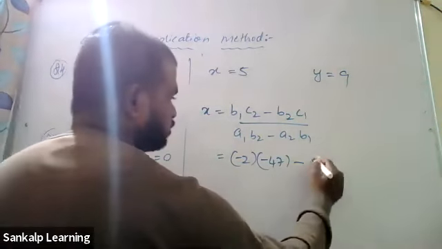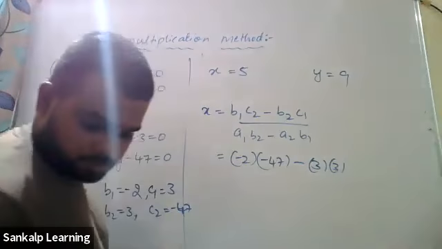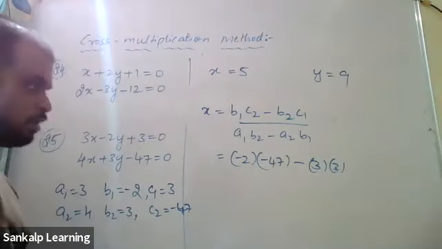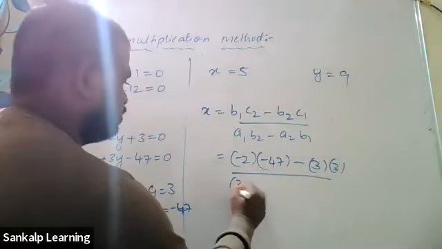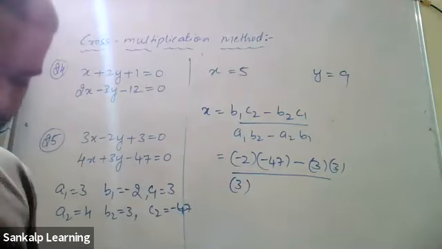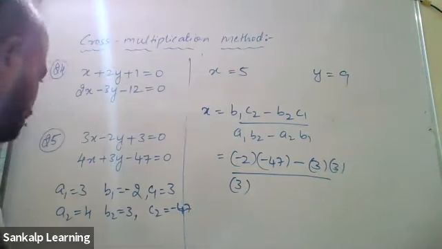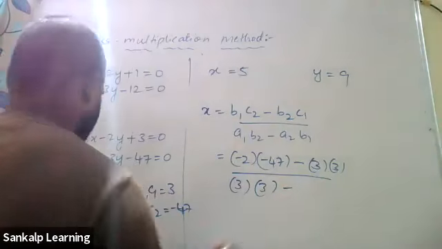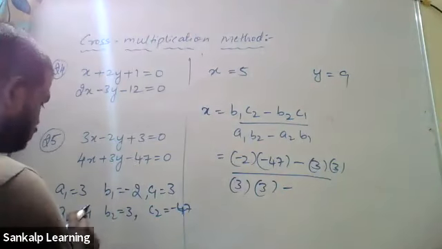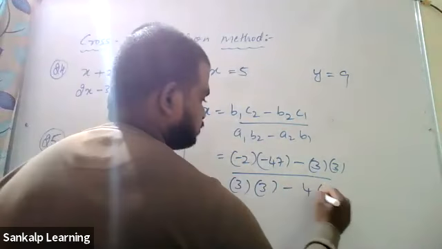C1 is also 3, so 3 into 3. And A1 is 3. B2 is also 3, minus A2 which is -2. Four and minus 2.